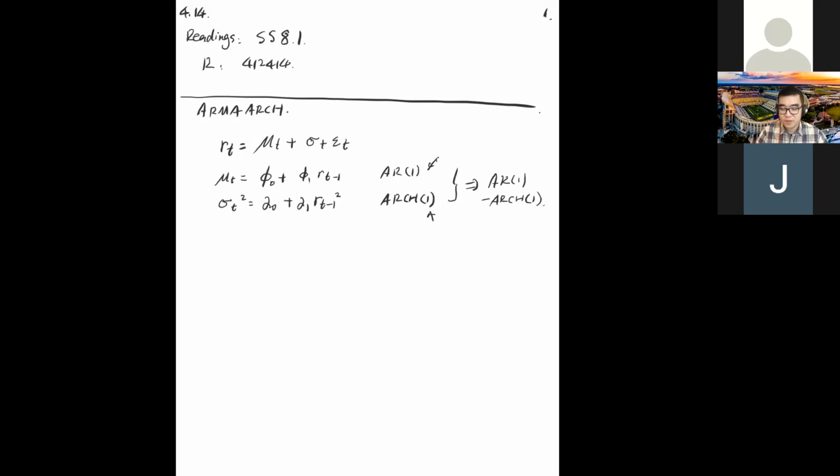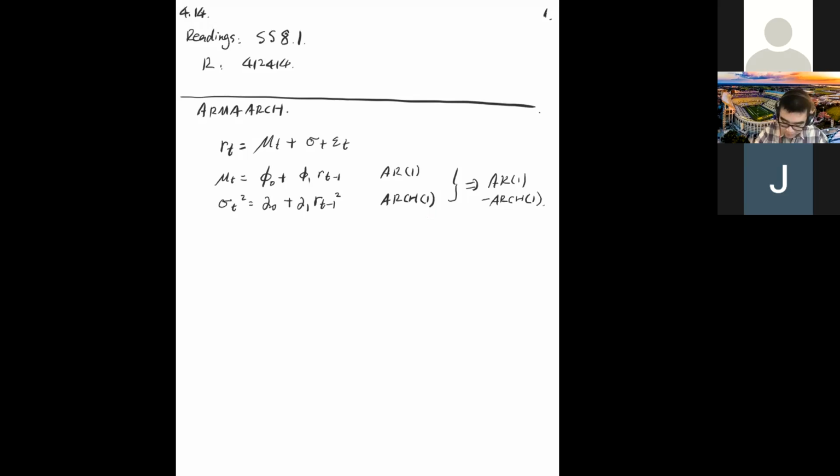The benefit of considering this model is that we want to capture the clustering in the data. We find the high volatility time periods are usually clustered together, so that's why we include this ARCH(1) in our model to capture this.